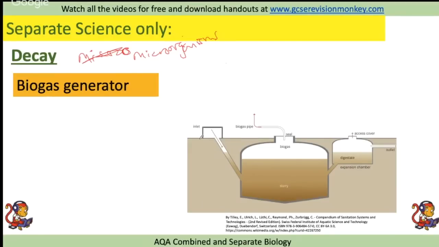So one of the problems we had with waste before was a lot of sewage. So this is one way we can get rid of sewage. So we'd put the sewage into the inlet pipe here, and in here we'd have some microorganisms. And we'd have microorganisms in anaerobic conditions.